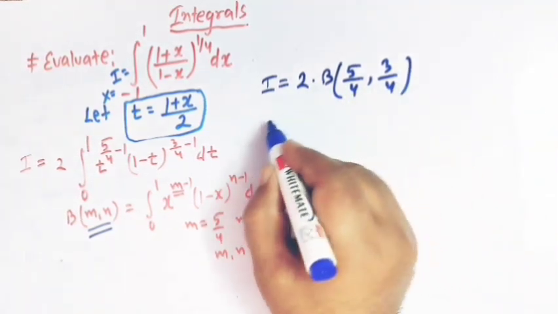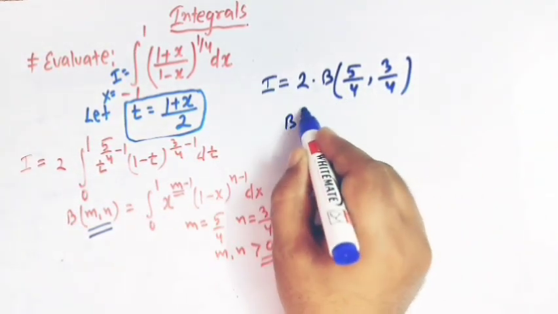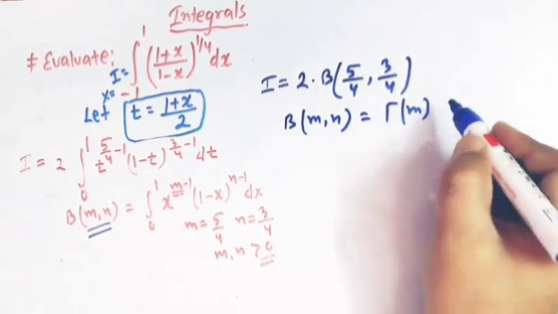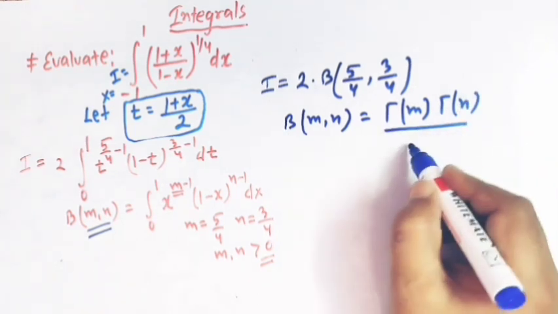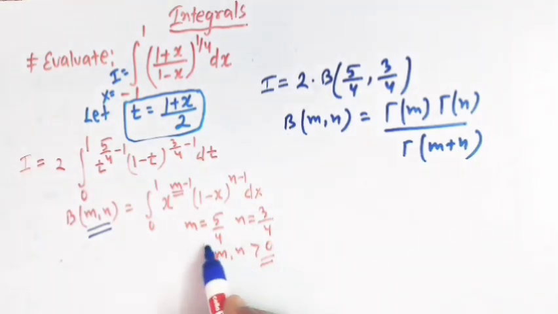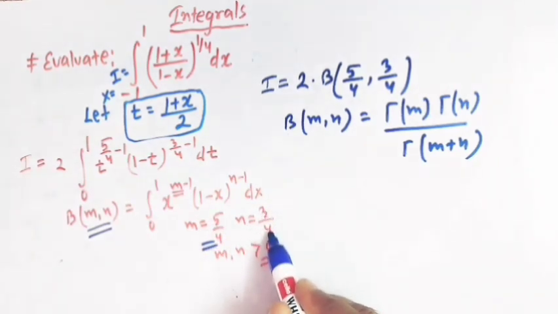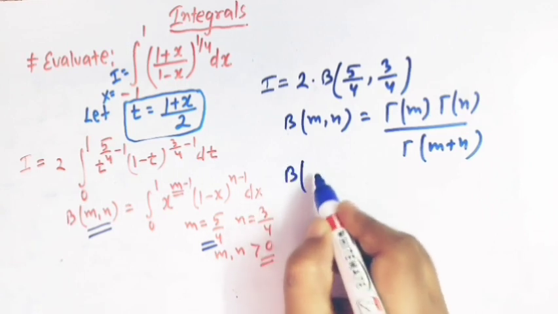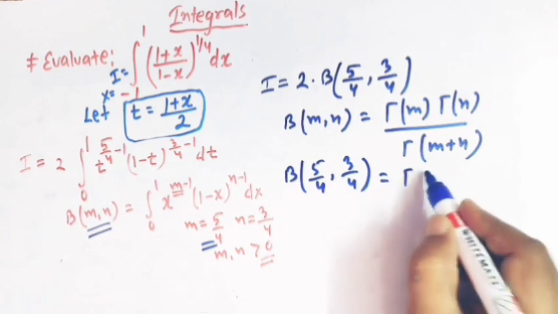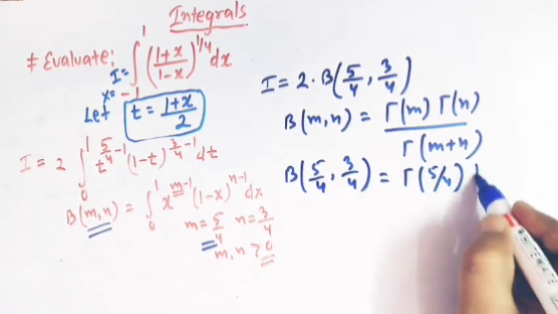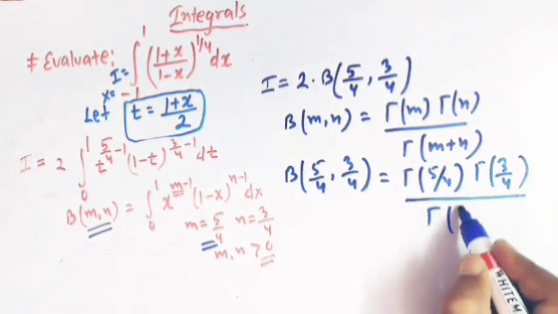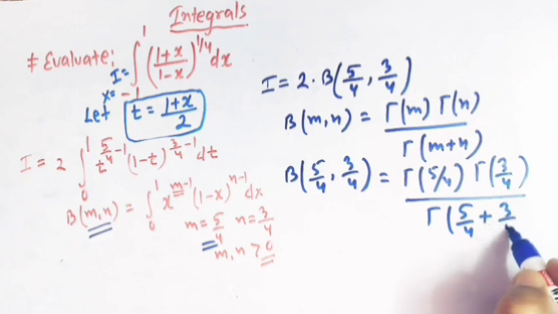Now we know an important relation between the beta function and the gamma function: beta(m, n) is equal to gamma of m times gamma of n divided by gamma of m plus n. So taking m equal to 5 by 4 and n equal to 3 by 4, beta(5 by 4, 3 by 4) is equal to gamma of 5 by 4 times gamma of 3 by 4 divided by gamma of 5 by 4 plus 3 by 4.